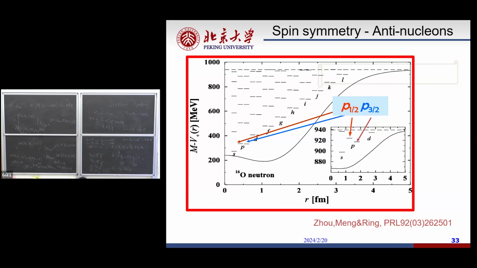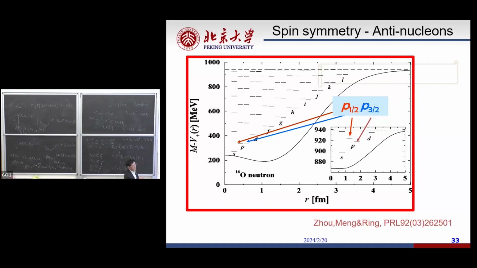So we plot the level for the anti-neutron in such a way. We plot the figure in such a way. You see, because the level is really more than that in normal neutron level. So we're plotting, this is S, this is P1/2 and P3/2, and then D3/2, D5/2, F5/2, F7/2, G7/2, and also G9/2, and H9/2, and H11/2, and so on.